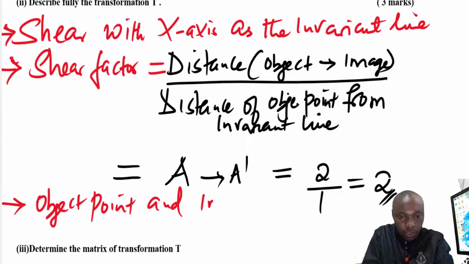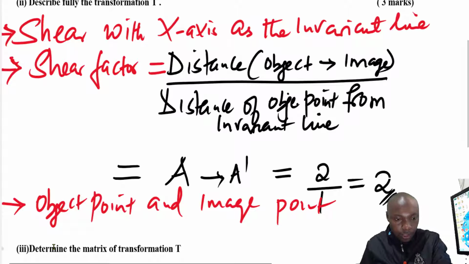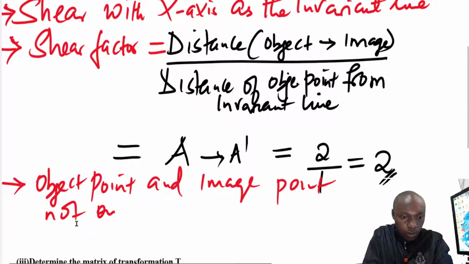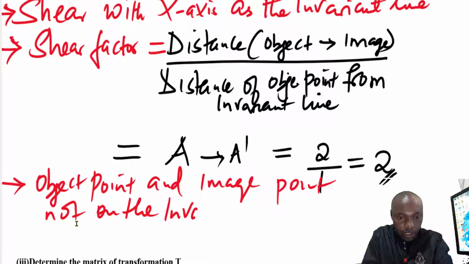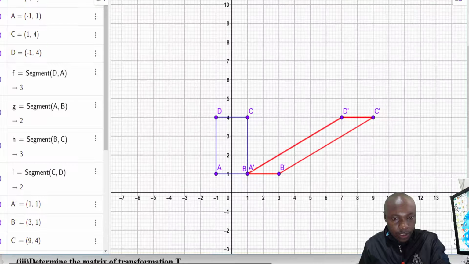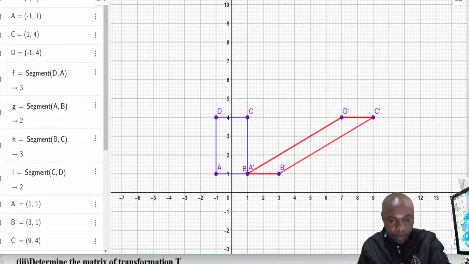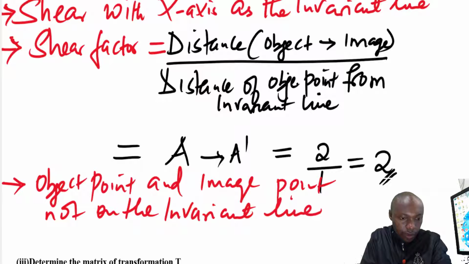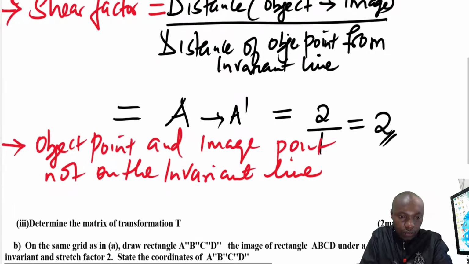In this case, let's take B, for example. We can give B which is 1, 1, and then it moves to 3, 1. So that is what you can give there. We can give any other that is not on the invariant line.